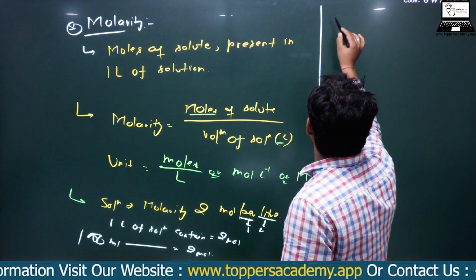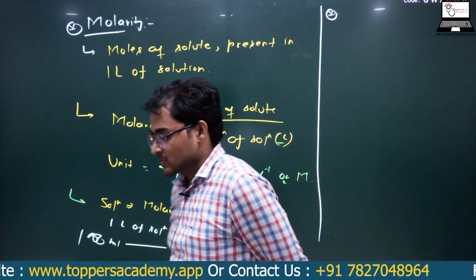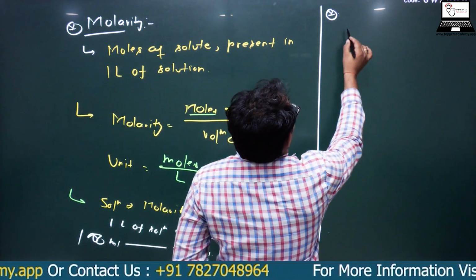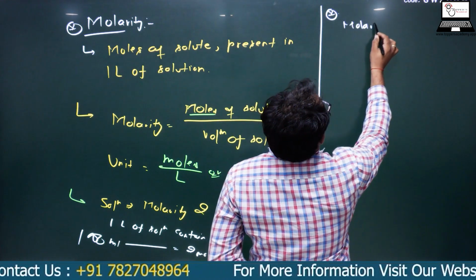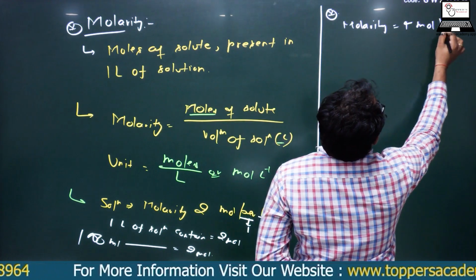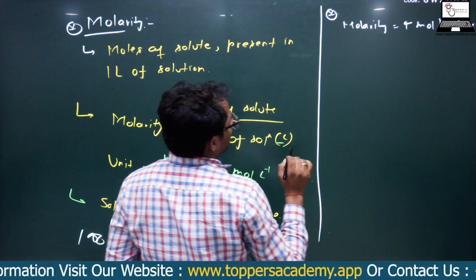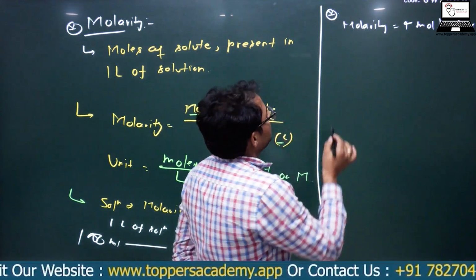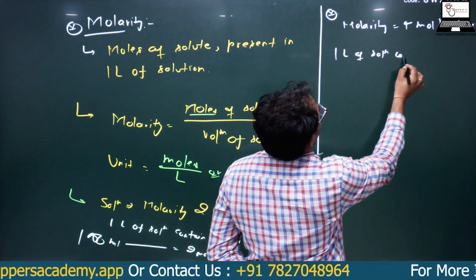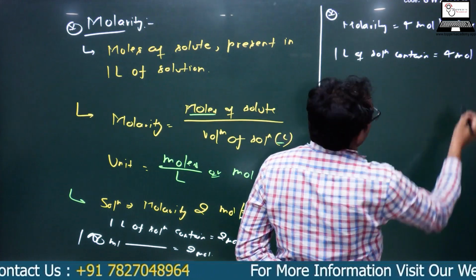See, my dear friends, listen, there is a solution. Suppose you are having molarity, in this case, 4 mole per liter. So what I am going to tell you, listen please, is that 1 liter of solution contains 4 mole of solute.